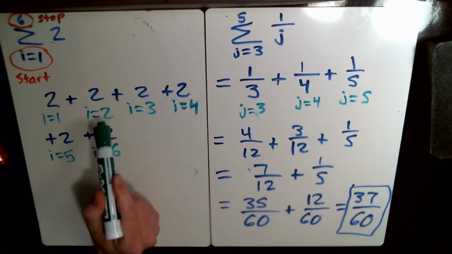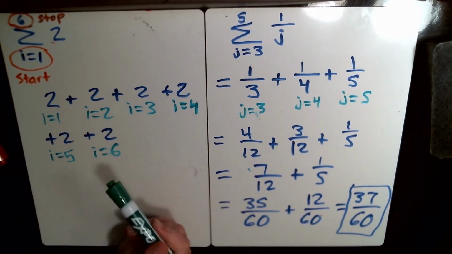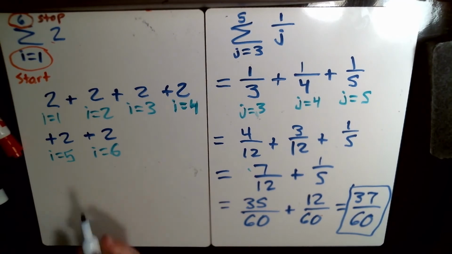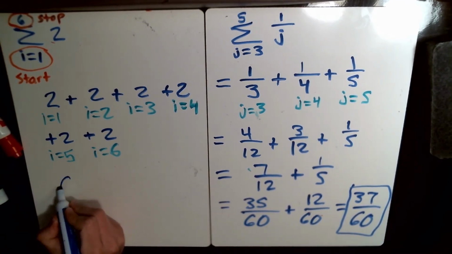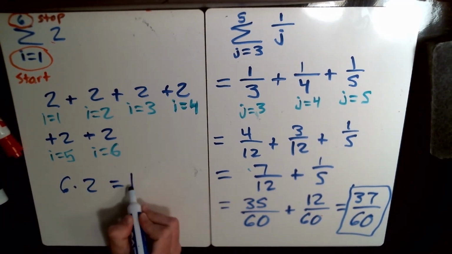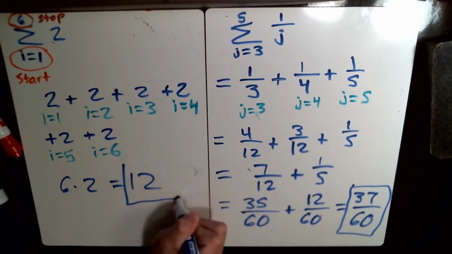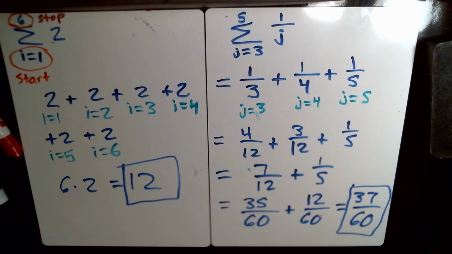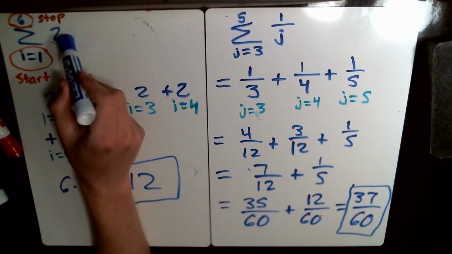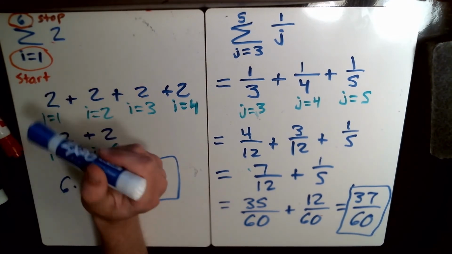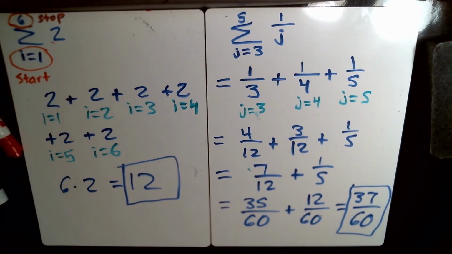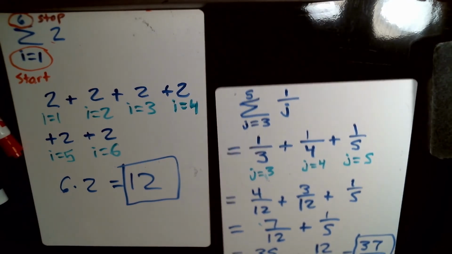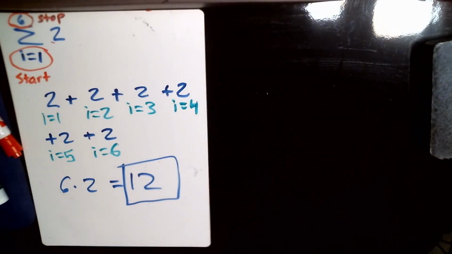I have 1, 2, 3, 4, 5, 6. 6 2's added together will give me 6 times 2 is 12. Okay, so that would be my answer here. Okay, so it works too, even if there's not an I in the equation. You're just adding up that number basically 6 times to get your answer there.